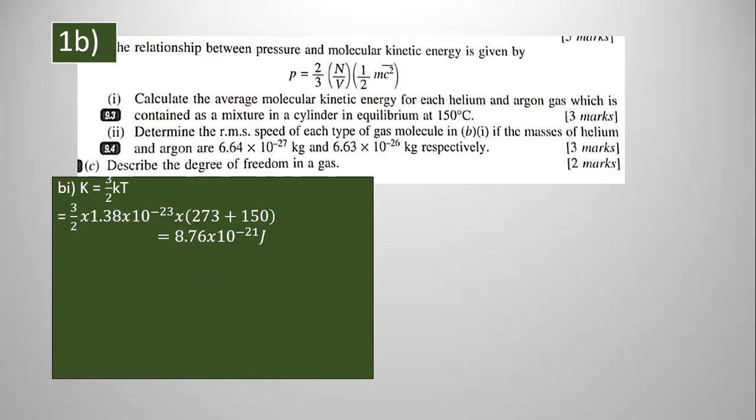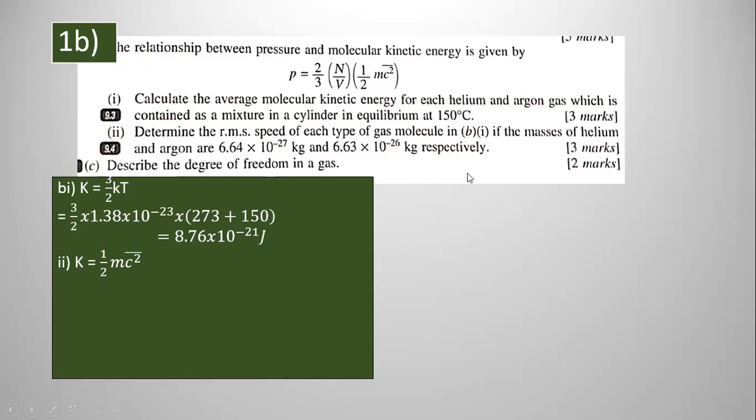Determine the root mean square speed of the molecule. Now you have to calculate for helium and argon. The average kinetic energy will be the same. Then you are required to determine the root mean square speed of each type of gas in B1, if the mass of helium and the mass of argon are given respectively.